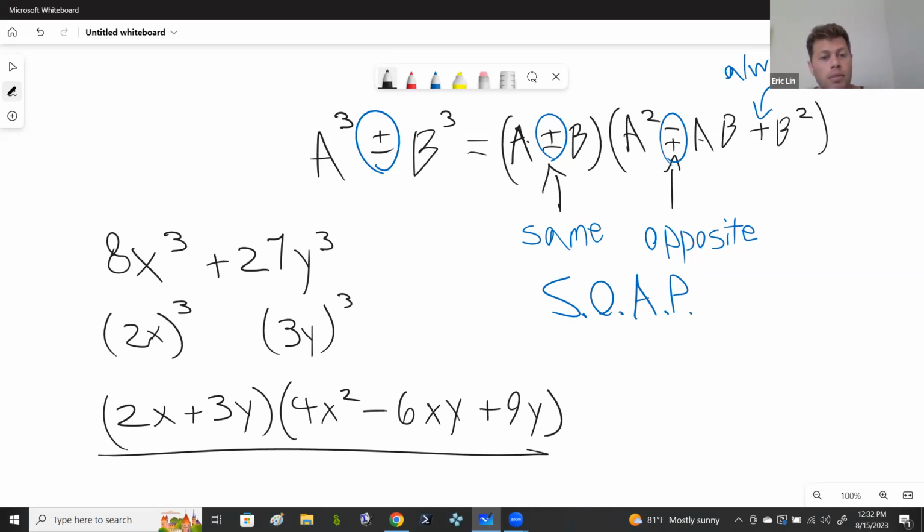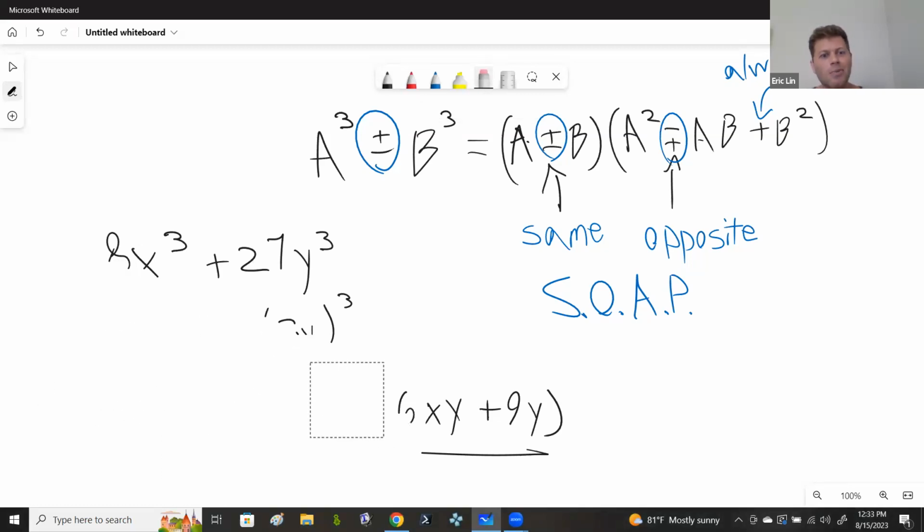Remember that for the sum or difference of cubes, both the sum and difference do work, as opposed to the difference of squares, which is only valid if it's the difference, only valid if it's negative. Get rid of all this.